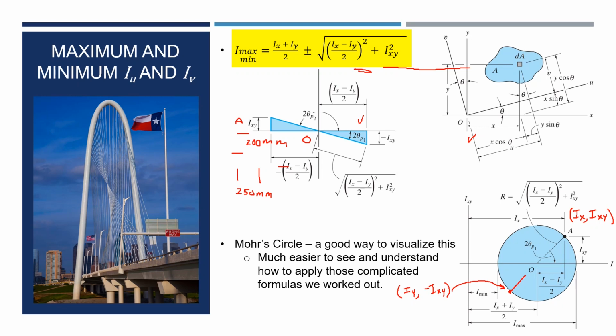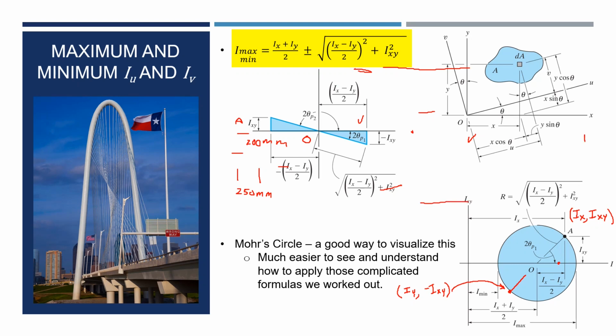And this is about, here's O. Here's a different circle, by the way, O. So you're at plus or minus this distance from the center of the circle, and the radius is this.